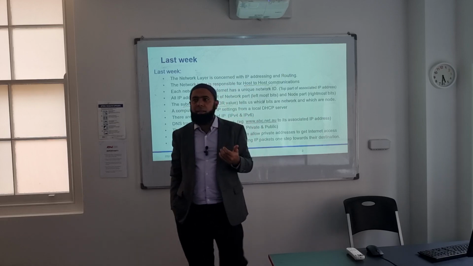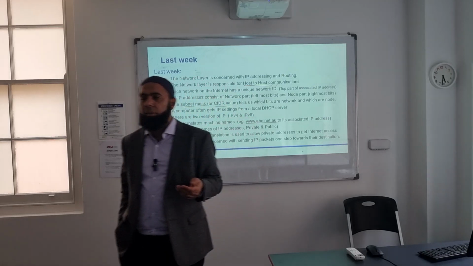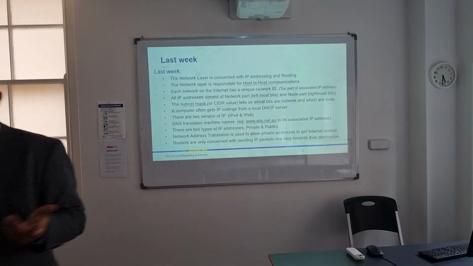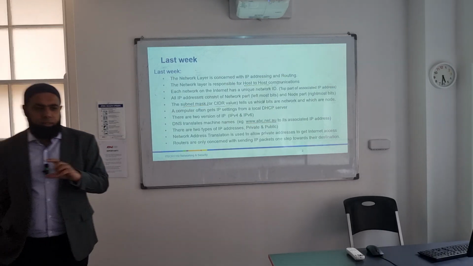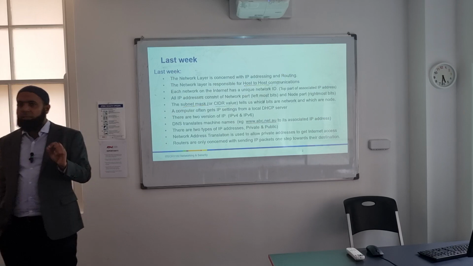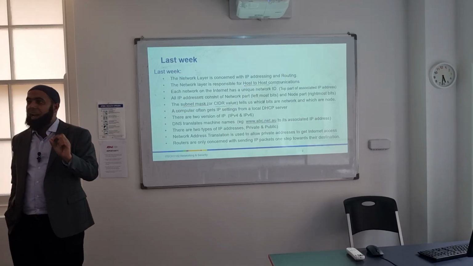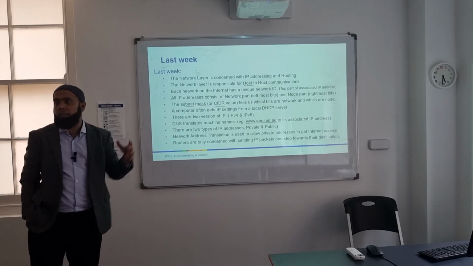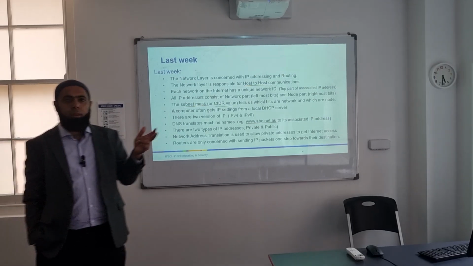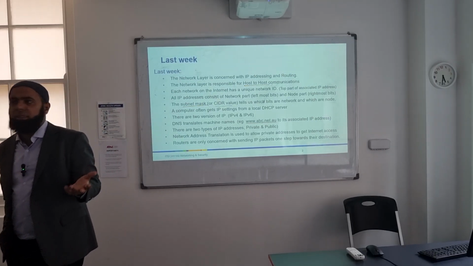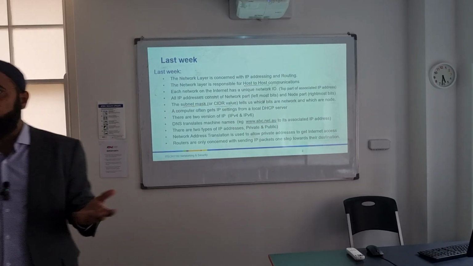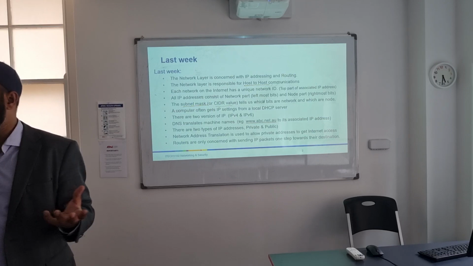You remember that in Linux, when we were doing the lab, initially you were getting some network errors. And we went to the network settings and then clicked the NAT address. So what was that? Remember that there are two types of addresses: public addresses and private addresses. You know the difference between public and private?